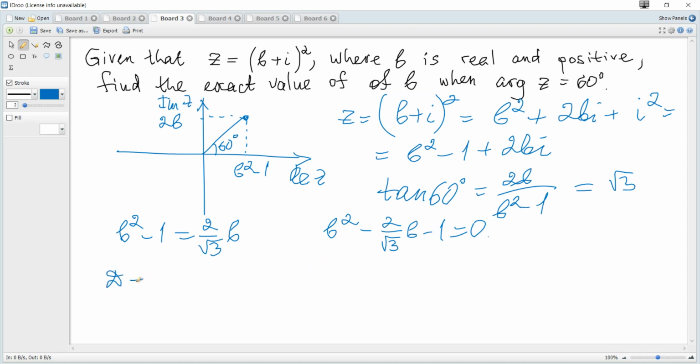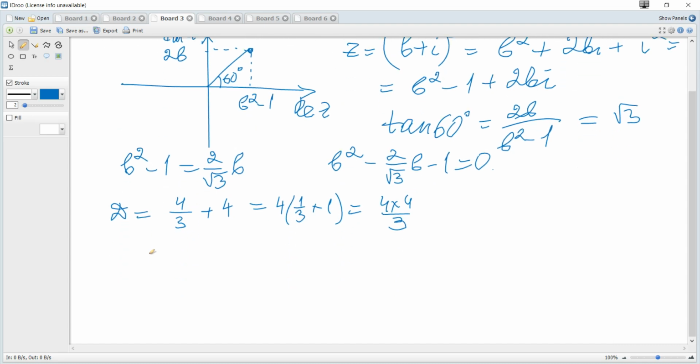So the discriminant is b squared, (2 over √3) squared, which is 4 over 3, minus 4ac, so plus 4. It's 4 times (1/3 plus 1), which is 4 times 4 over 3.